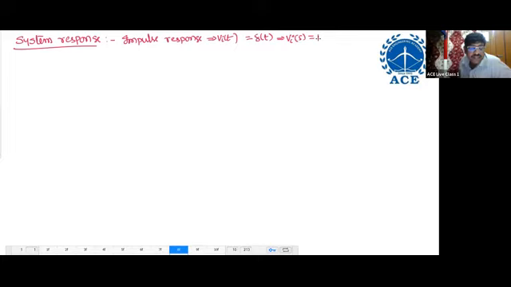For the system response, simply substitute 1. That's all. The Laplace of the input is 1.